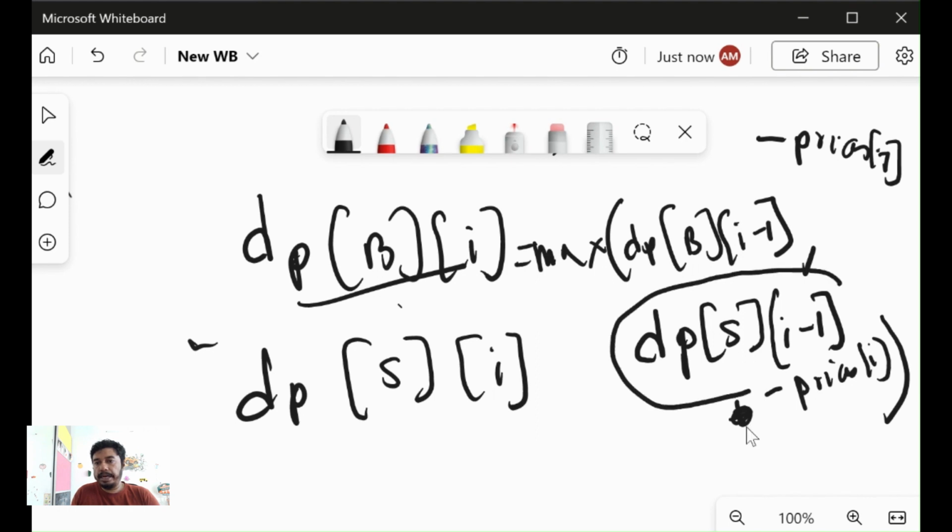Note that this term is additional, which was not present in the earlier problem, because we were not allowed to do a sell activity before doing a buy activity in the previous problem. But in this problem, we are allowed to do that.